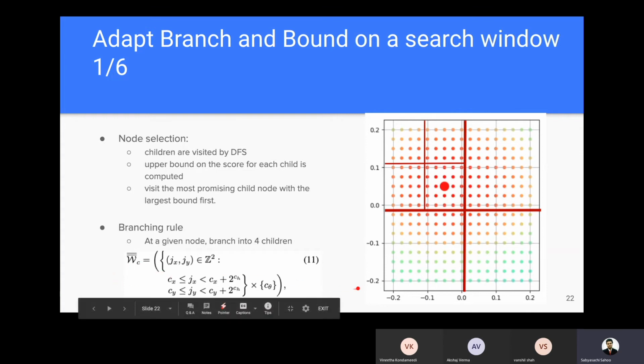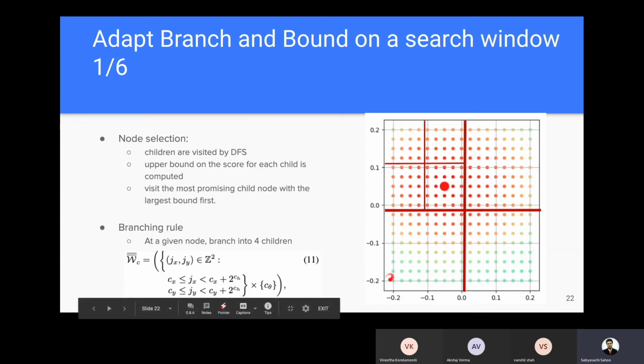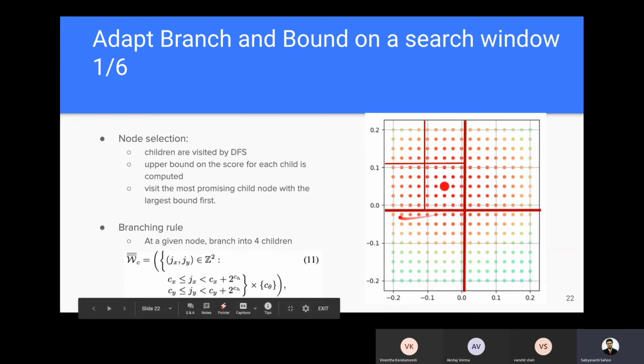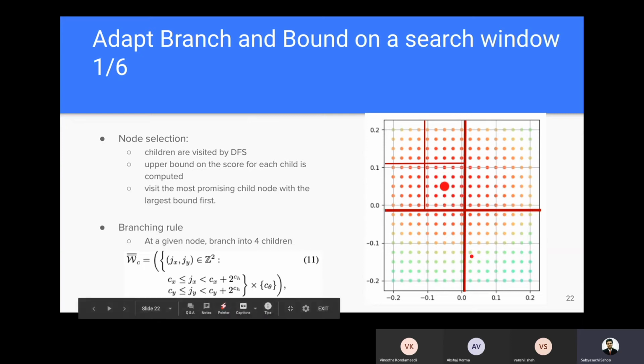So W̄C denotes the node at some height h. Essentially, your WC is saying how your grid looks at that height. At height 1, it looks like a grid with just 4 points. At height 2, it would look like a grid that has 16 points, like here 4, here 4, here 4, and here 4.